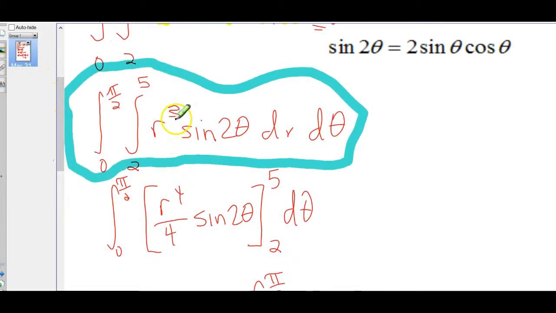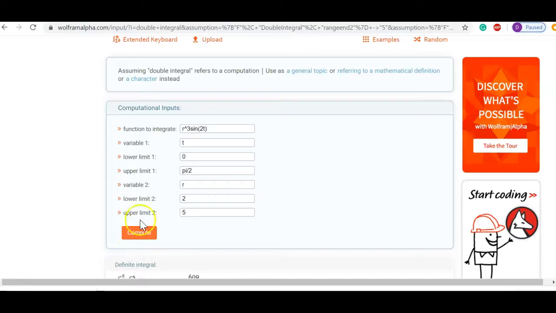So r cubed sine 2 theta, 2 to 5, 0 to pi over 2. Alright, so I put in r cubed sine, I put just t for theta because I don't have theta as a key on the keyboard, and that's very common when you're checking your work in Wolfram. So the weird thing is, variable 1 is your outer integral, variable 2 is your inner.